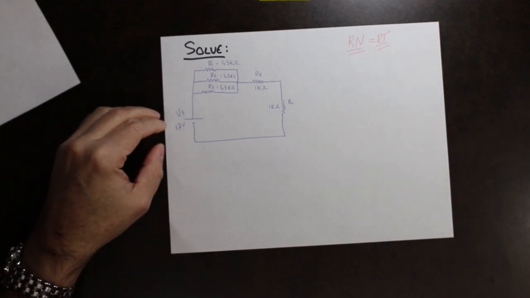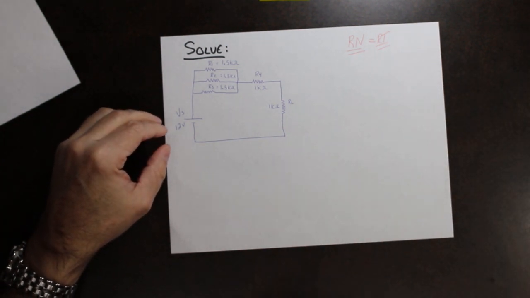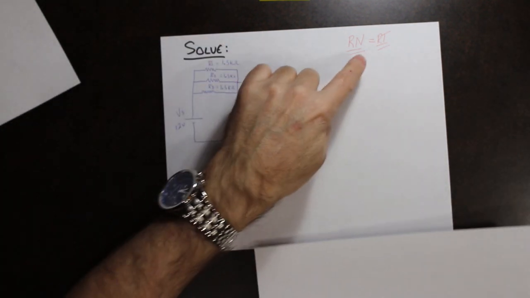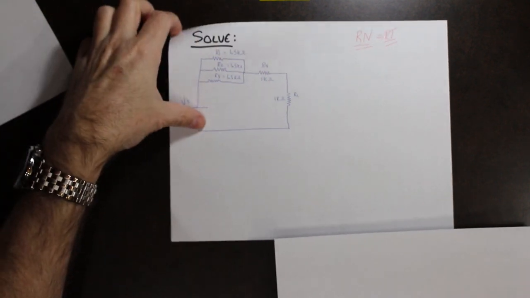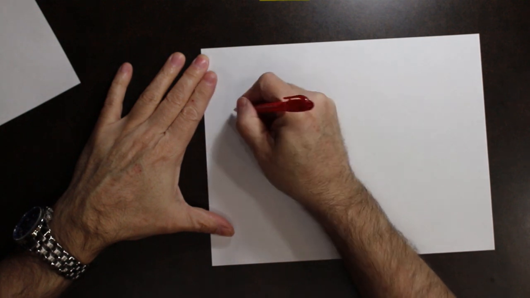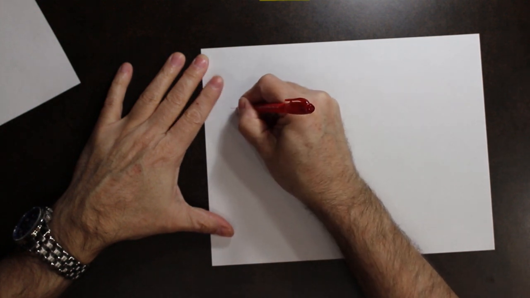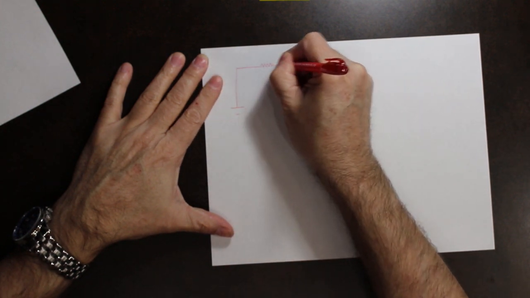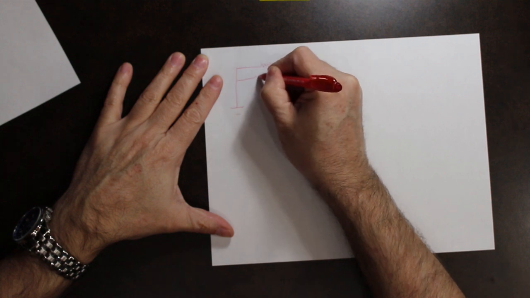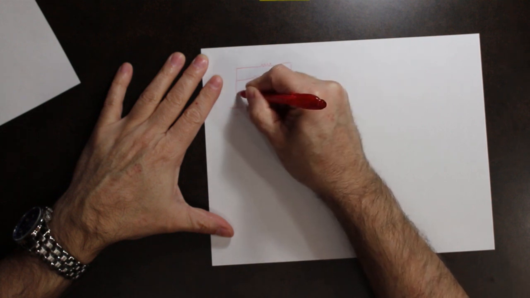So here's what we're going to do. We're going to take this circuit and go step by step and solve for our Norton. So let's take our circuit. We have our 3 resistors here.